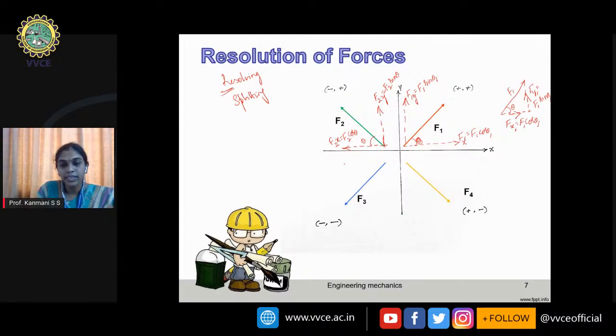So again, I will take here f3, which is in quadrant number 3. I'll write two parallel lines to the x and y axes like this. Then right here, see, in this third quadrant, both x and y coordinates are negative. So I'll write the negative direction of x, negative direction of y. This is f3y.